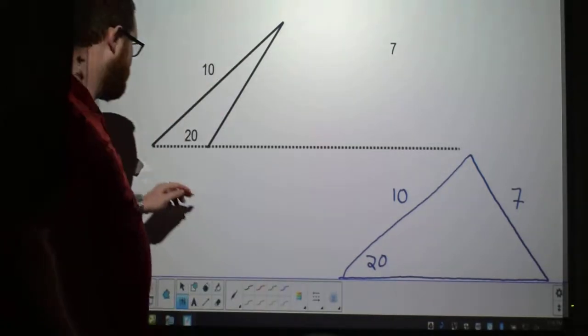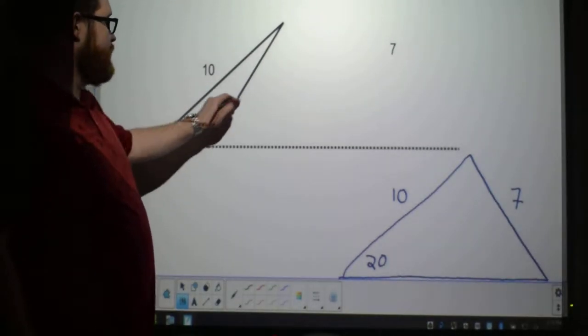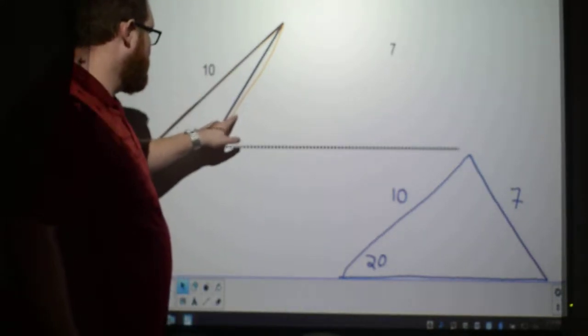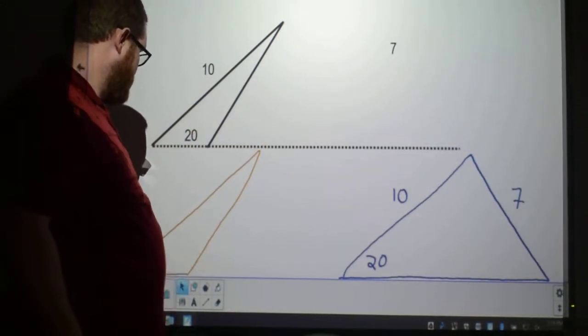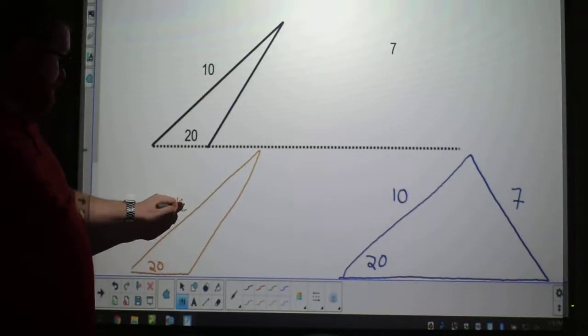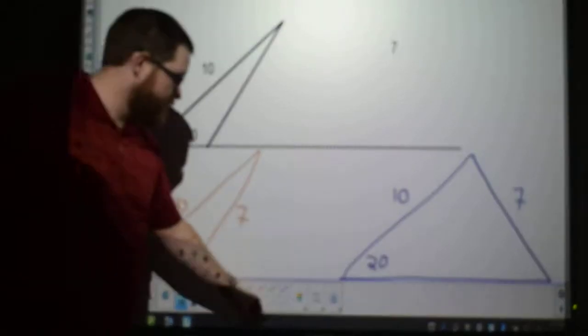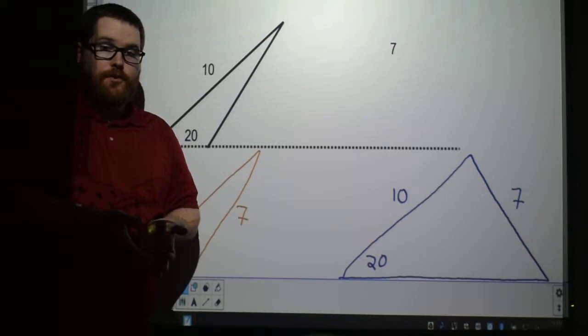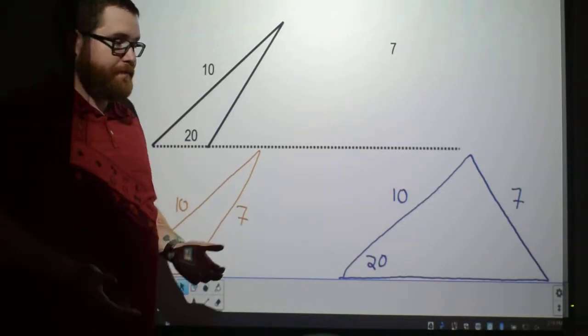Now I have a triangle that looks like this. Both of these triangles have this angle down here as 20, this side is 10, and this side is 7. We don't know which of these two triangles we're talking about, so we have to solve both of them.